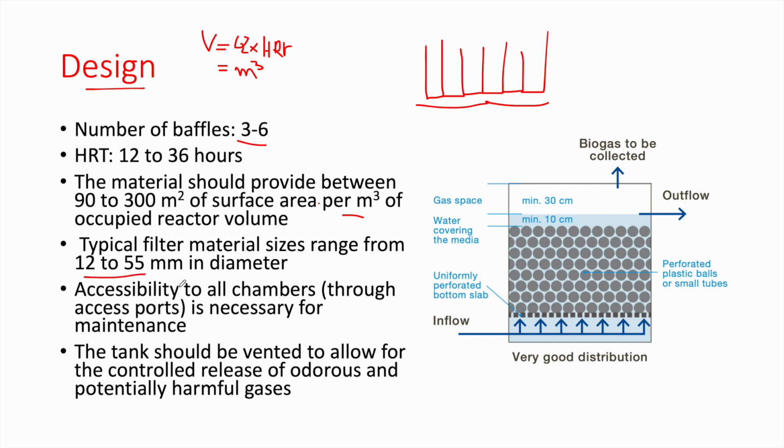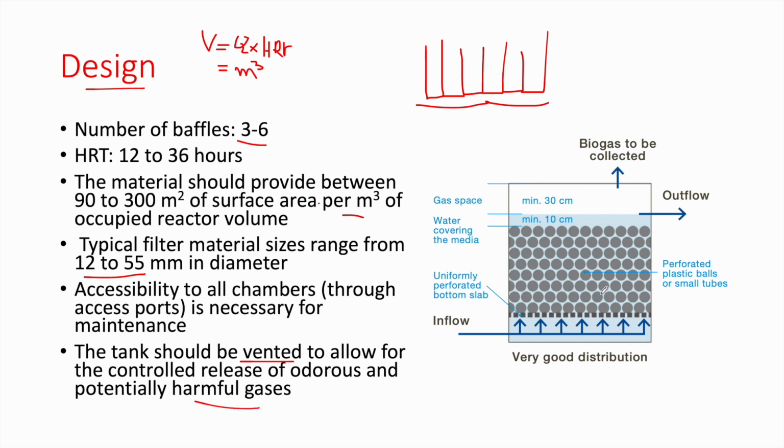Also, you must always make sure that all the chambers are accessible through access ports for maintenance, desludging, and media removal. And as I have already said, the tank should be vented. You have to consider a good ventilation system to allow the release of the odorous and harmful gases.